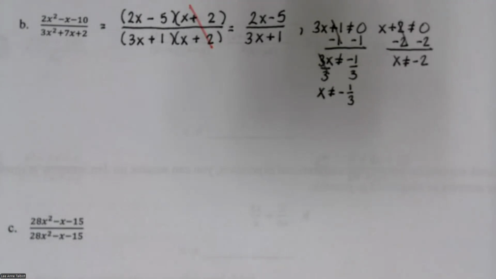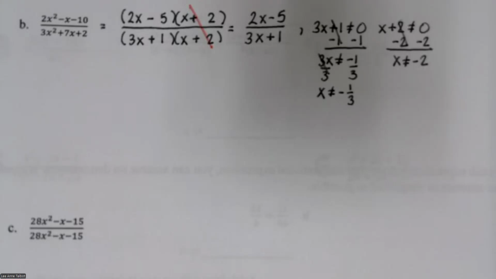I do expect you to show the simplifying of x plus two, so crossing it out. And if you can look at the original problem and go, x cannot equal negative one third, x cannot equal negative two without all the work, that's fine too. So technically, all you need is four sets of parentheses, an answer, and two x cannot equals. Or you can go all the way to two diamond boxes, cancel out, and all of that work for the excluded values. Anywhere in between there is fine with me.